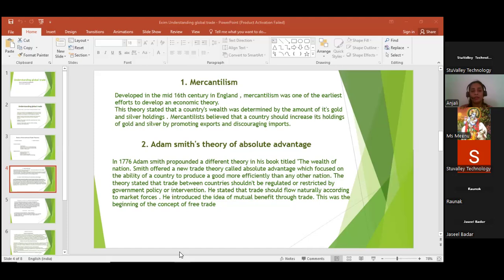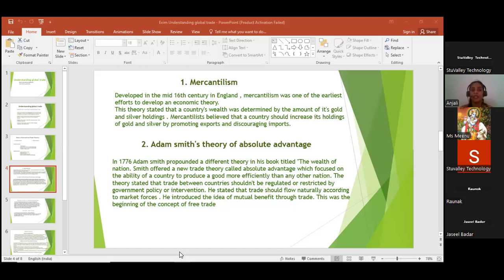For example, in countries like Britain, they had some colonies. Britain and France exploited their colonies such as India and Indonesia. Britain used to import the raw material at a lower price, and they used to export their high-priced manufactured goods to the same colonies.